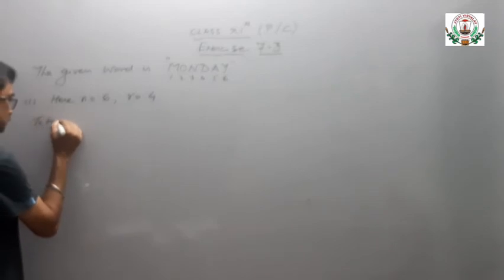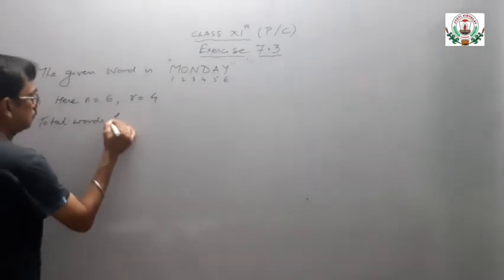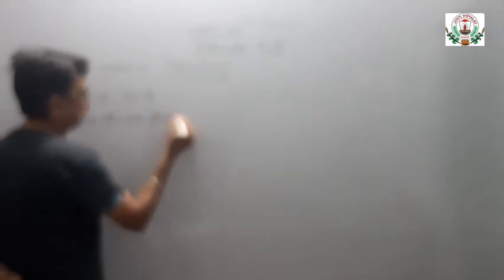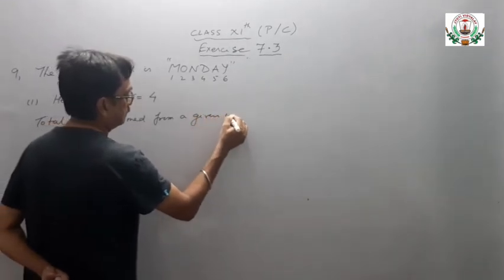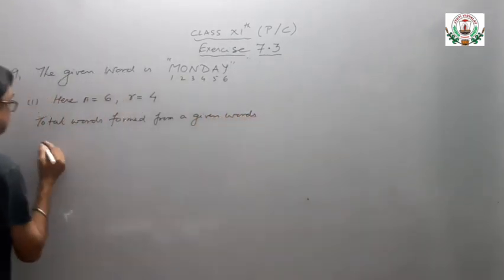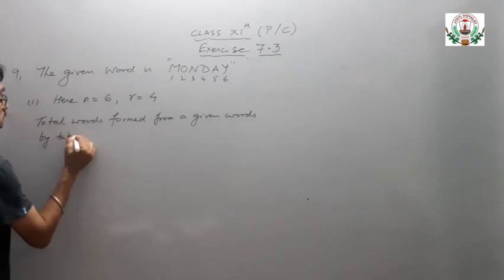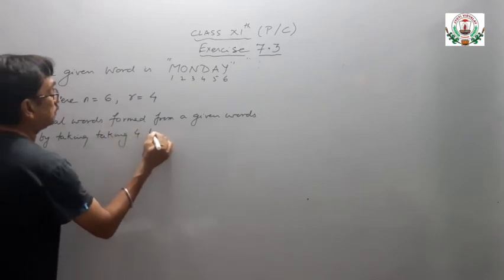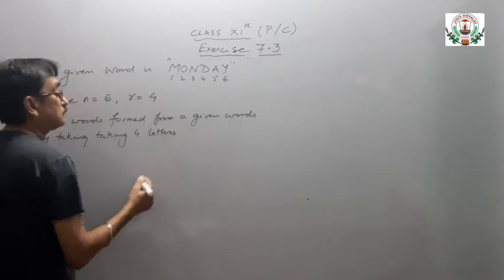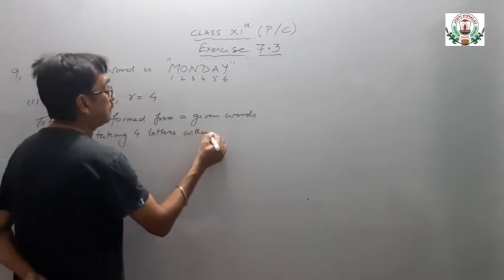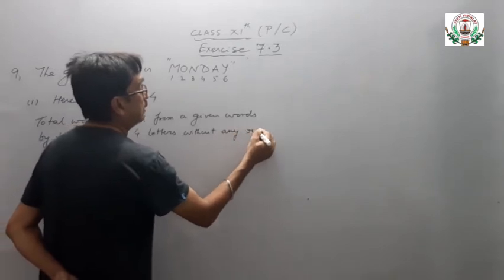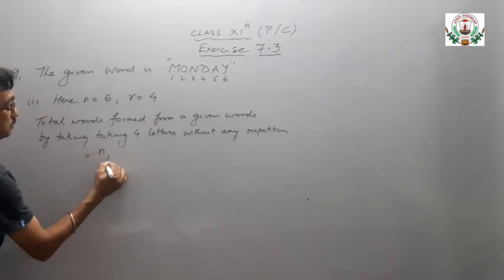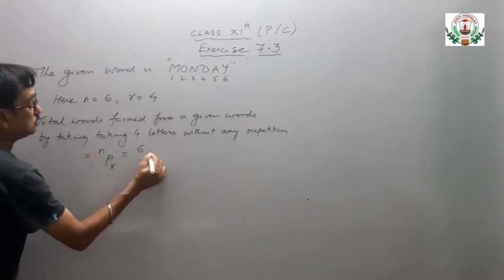So total words formed from the given word by taking 4 letters without any repetition, that is nPr, 6P4.